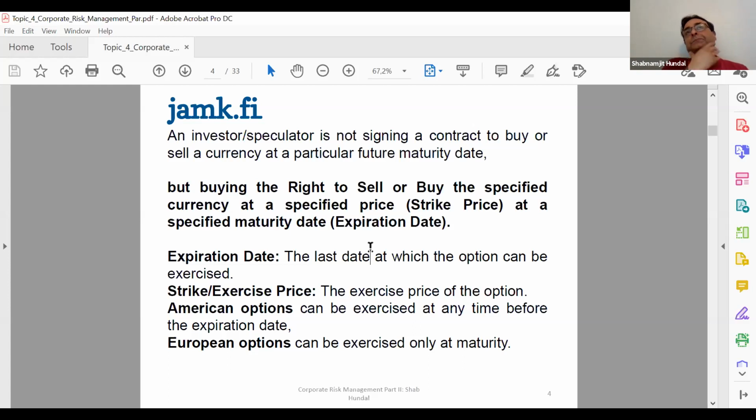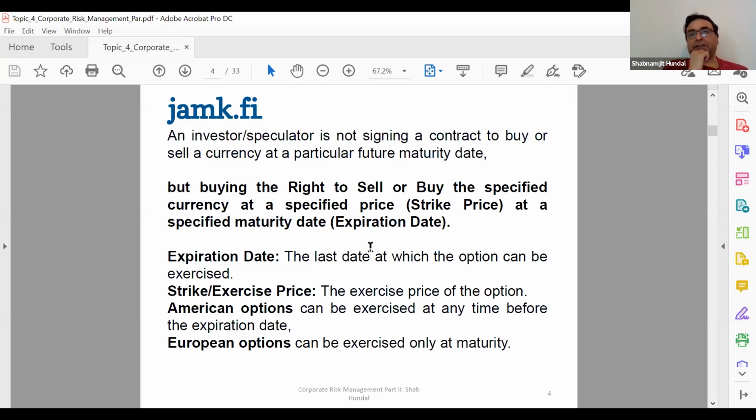But see what happens. When 15th of June comes, I see that the market rate is 1 Australian dollar equal to 75 European cents. Whereas my contract with the bank or my broker is that 1 Australian dollar is equal to 90 cents.